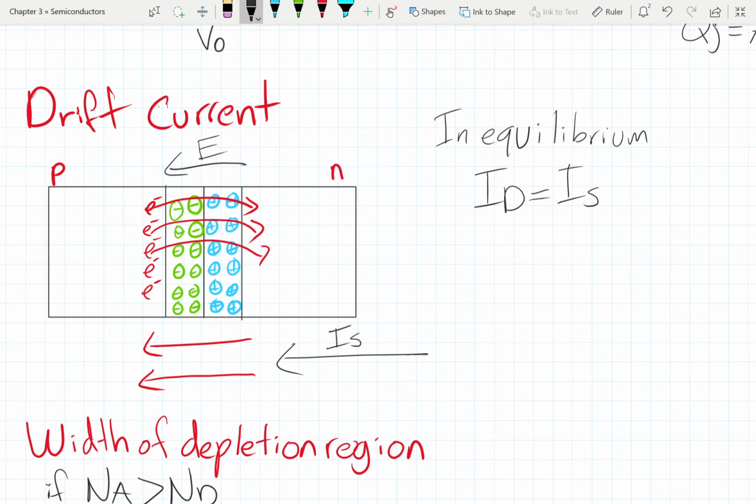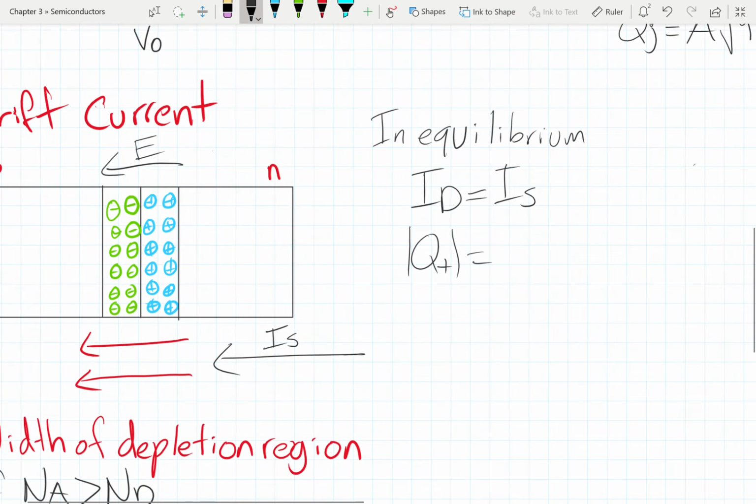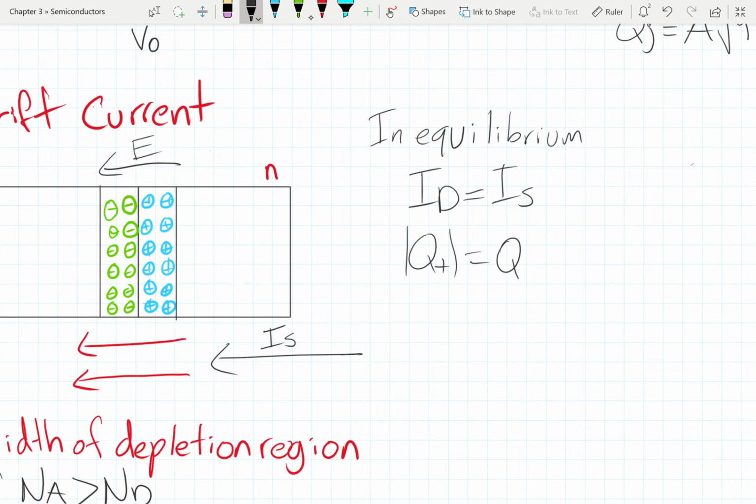Something else that happens in equilibrium is that the positive charge, Q plus, should be equal to the charge on the other side.